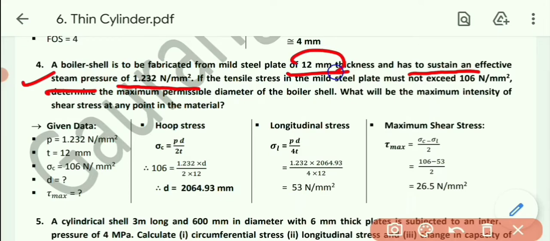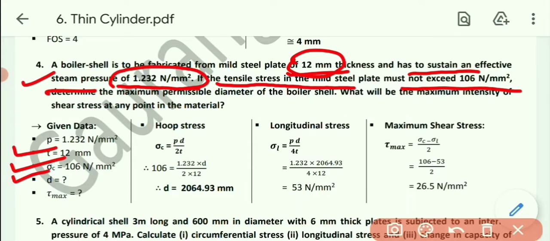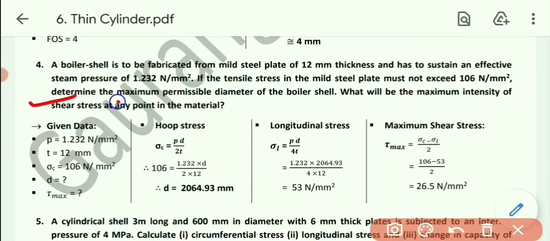Thickness is 12 mm and pressure is 1.232 Newton per mm square. If the tensile stress in the mild steel plate must not exceed 106 Newton per mm square, then sigma c is given, that is 106 Newton per mm square. Determine the maximum permissible diameter of the boiler shell.